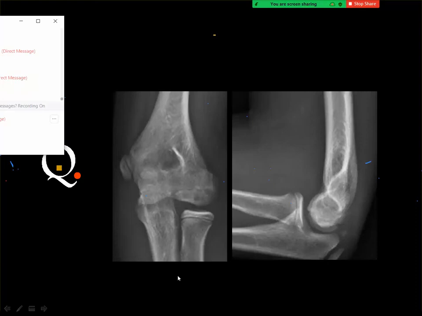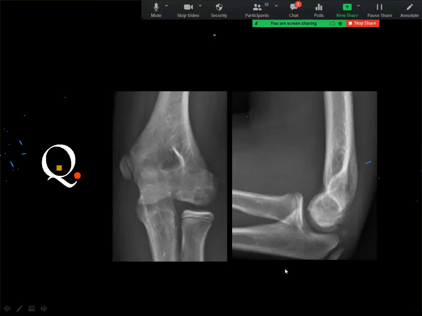Okay, you know, in the pediatric age group, interpretation of elbow X-rays is very difficult, and you need the opposite elbow to compare because of the great number of ossification centers that have not yet united. This is the normal appearance of the olecranon ossification center, and this also, but the abnormality is here in the capitulum.